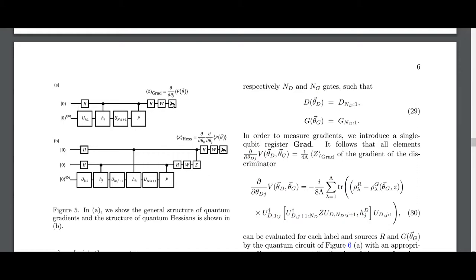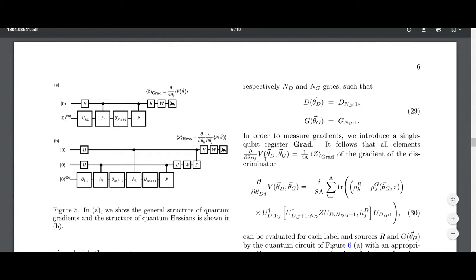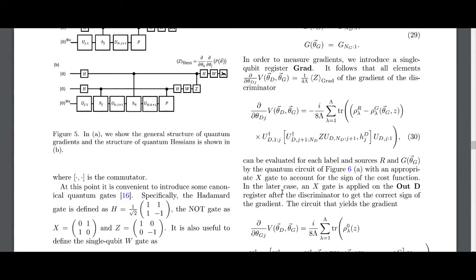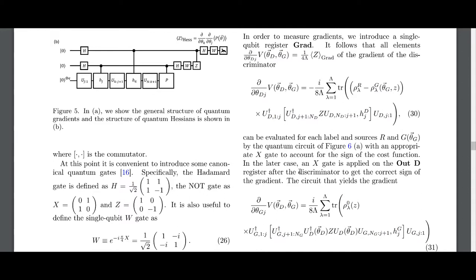It follows that all elements of the gradient of the discriminator can be evaluated for each label and sources, R and G, by the quantum circuit of figure 6 with an appropriate X gate to account for the sign of the cost function. In the latter case, an X gate is applied on the out D register after the discriminator to get the correct sign of the gradient.